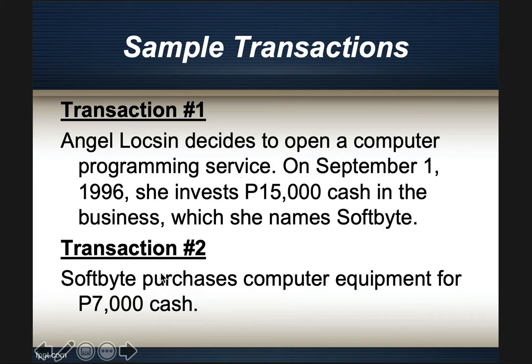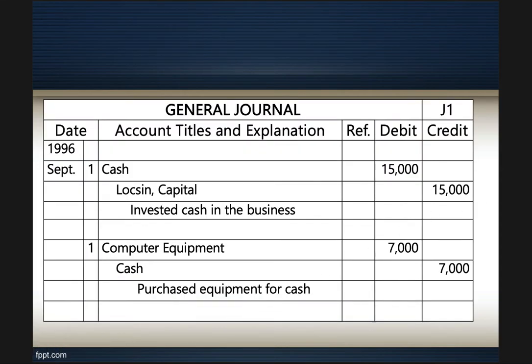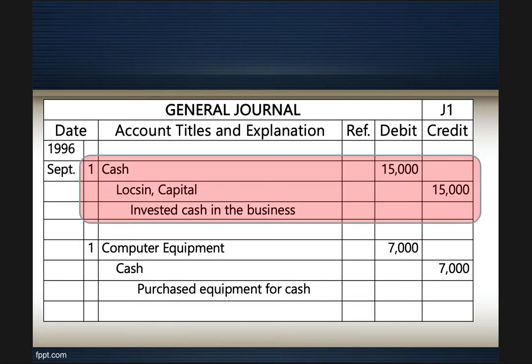You have to debit your equipment because the asset increased, and you have to credit your cash because it decreased. Why? Because you paid for that equipment. So look at that in a journal. On the first transaction, this is how you input it in the journal, although I will explain it later on. So we have to write the date.